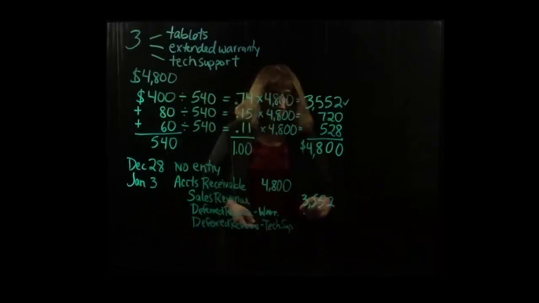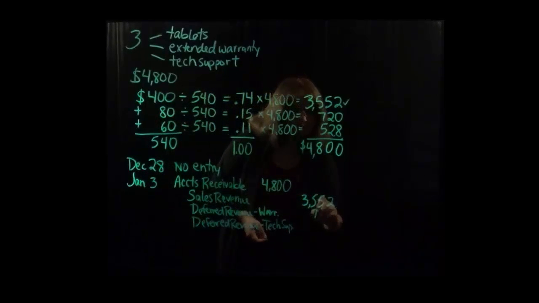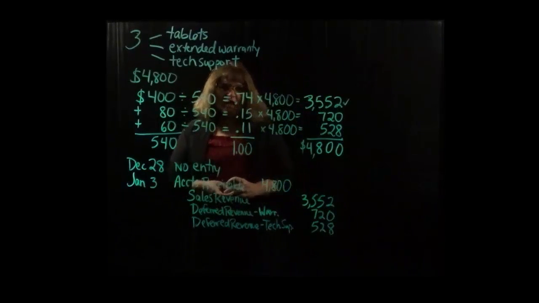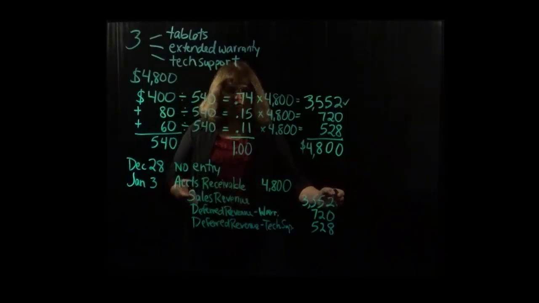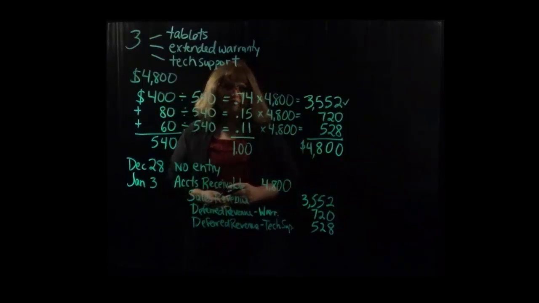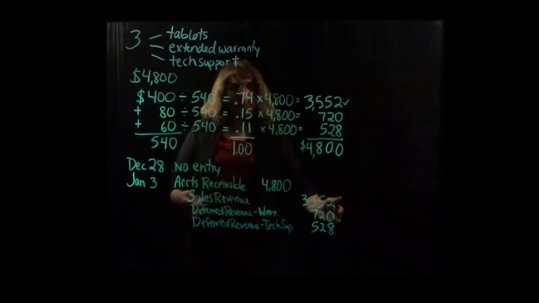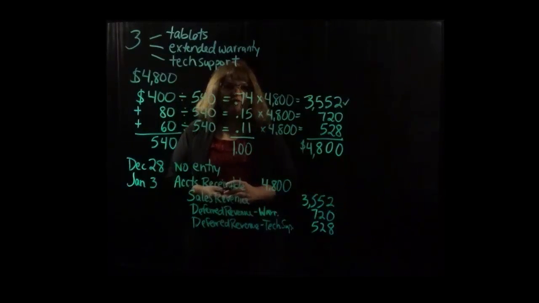We'll credit the deferred revenue on the warranty for the $720, and we'll credit the deferred revenue on the tech support for the $528. That makes our journal entry balance, and we now have the revenue that we've earned. Of course these deferred revenue accounts are actually liabilities. They show that we owe the customer the warranty service and the tech support service. They didn't ask us to do this, but over time at the end of each month, we would take a monthly portion of this and record it as revenue and decrease the liability.